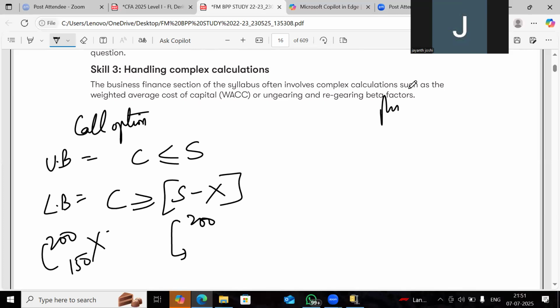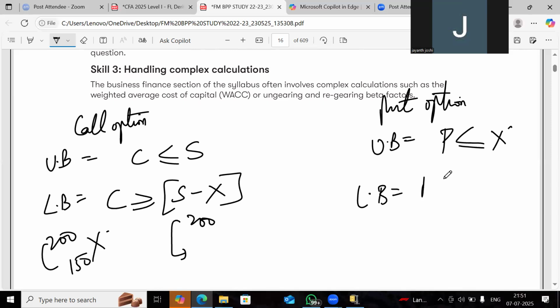And put option upper bound: put option should always be less than or equal to strike. Lower bound: put option should always be more than or equal to strike minus stock. So the put option is creating a value of 200 for you.